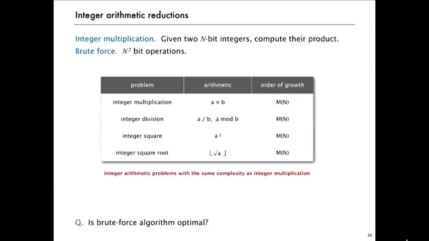Now, one thing you can do with reduction is, people have figured out that you can take integer division or square root and all different other integer operations and reduce them to integer multiplication, and vice versa.